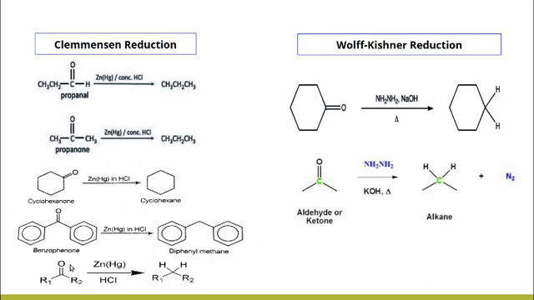Here also the carbonyl functional group will get reduced to CH2 by using the reagents zinc amalgam and HCl, and hydrazine and KOH. These are the simple examples that we have already discussed. Propanone will be converted into propane. And how will you convert propanone to propane? In both cases we can use zinc amalgam and HCl, and also we can use hydrazine and NaOH.